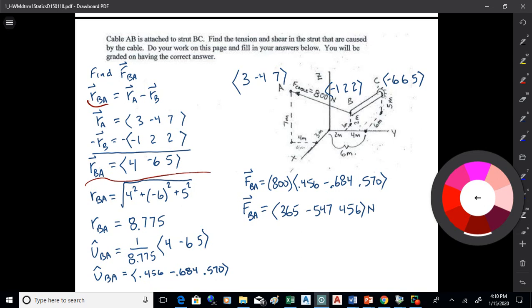Square root of the sum of the squares gets me RBA. The length of that line, that cable that goes from B to A, is 8.775 meters.